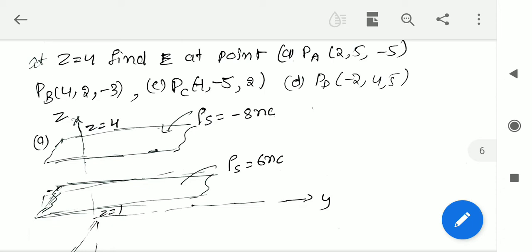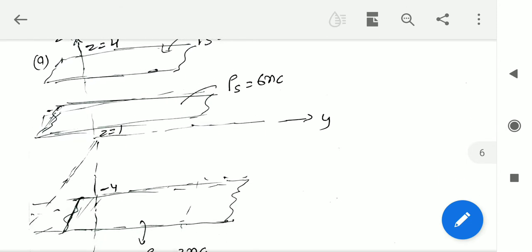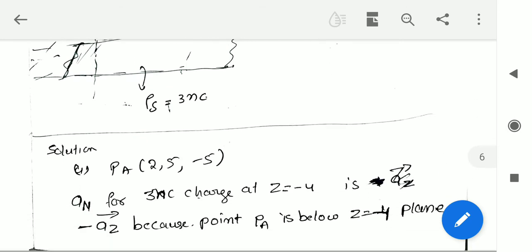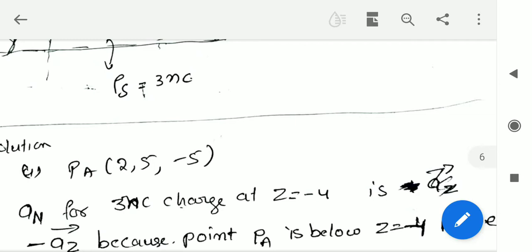Either the field may be present in the positive z direction or in the negative z direction. So we have to find this unit vector, either it is plus az or it is minus az.